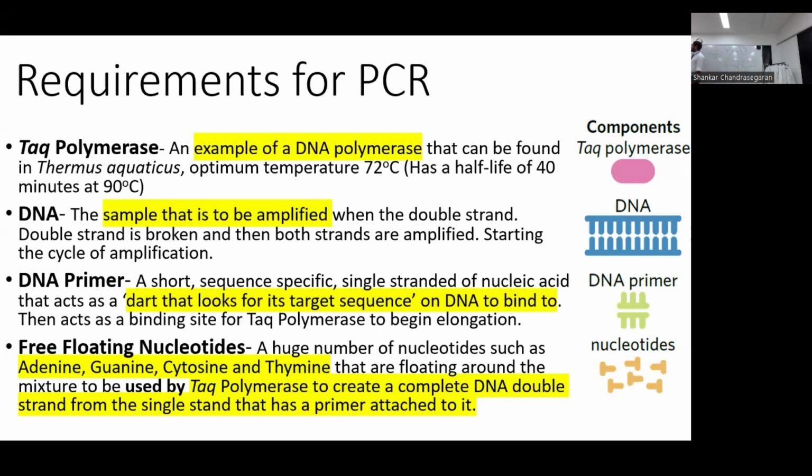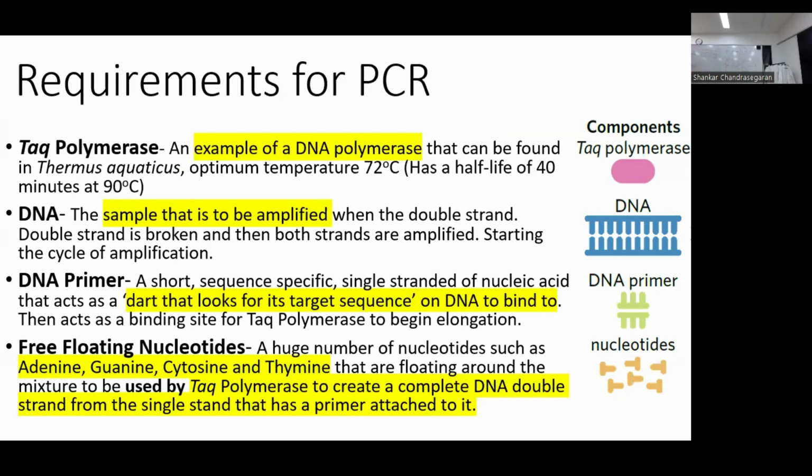So luckily, this enzyme has a half-life of 40 minutes at 90 degrees Celsius. So it can actually survive to a certain degree at 90 degrees Celsius, even though it does lose its functionality over time, but it can survive a certain amount of time. So as long as this cycle is continued over and over and not maintained at 95 degrees, it can still function to a certain degree.